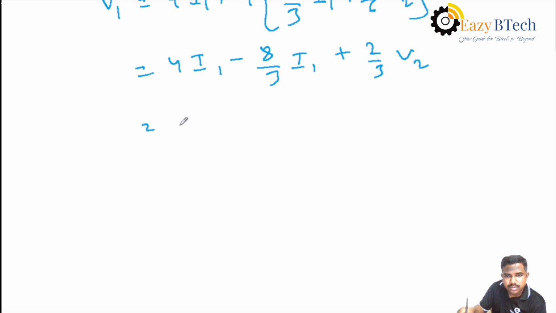Then 4I1 minus 8 by 3, that is 4 minus 8 by 3, that is 4 by 3 I1 plus 2 by 3 V2. This is the value of V1.